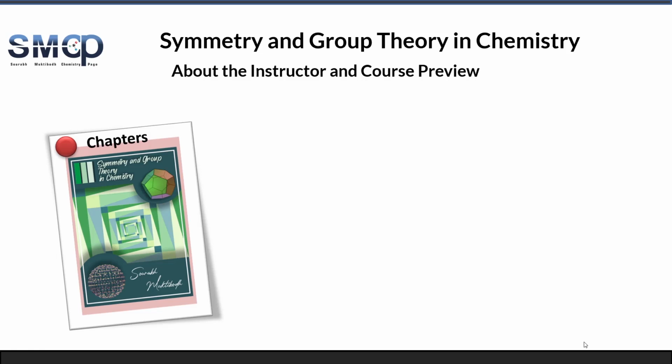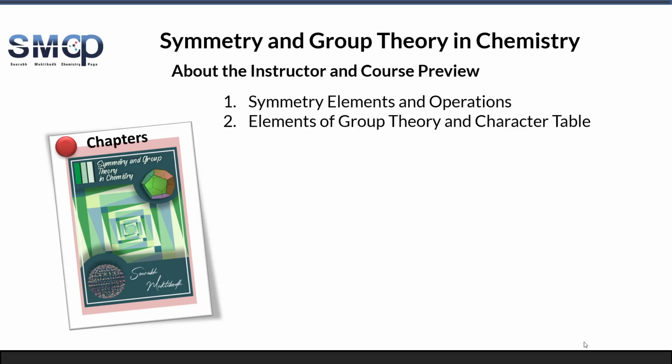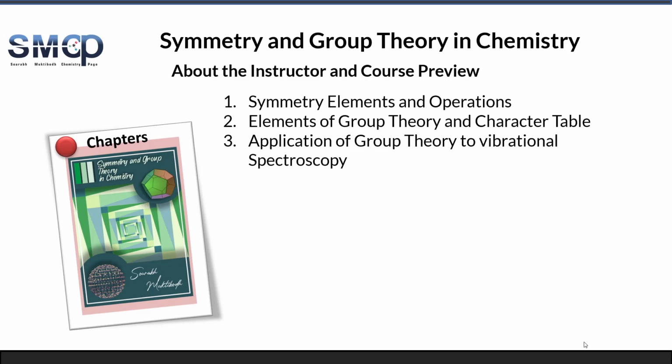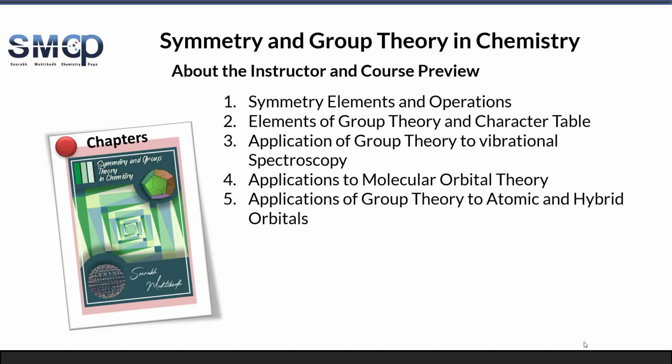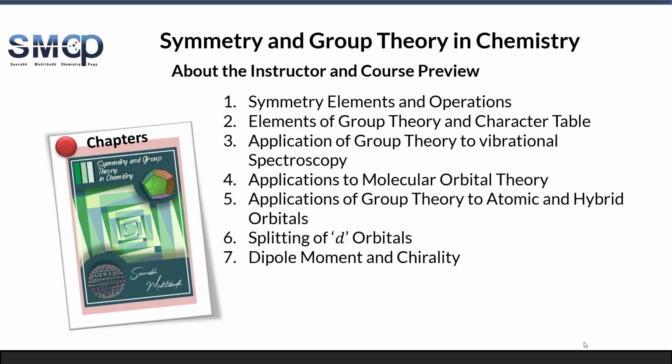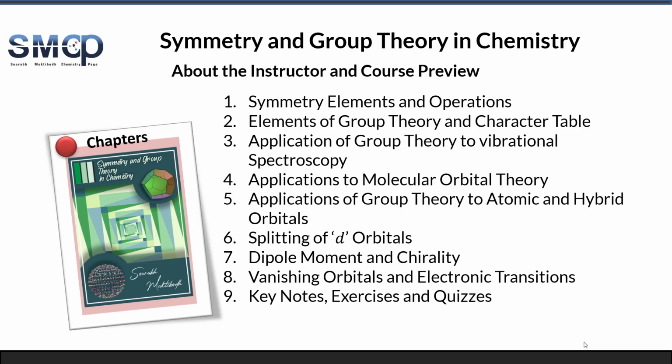The various chapters that we are going to cover in this online course are symmetry elements and operations, elements of group theory and character table, applications of group theory to vibrational spectroscopy, applications to molecular orbital theory, applications of group theory to atomic and hybrid orbitals, splitting of d orbitals, dipole moment and chirality, vanishing orbitals and electronic transitions, keynotes, exercises and quizzes, followed by the annexures that contain some of the character tables useful for chemical analysis.